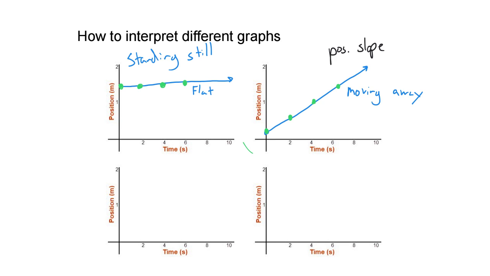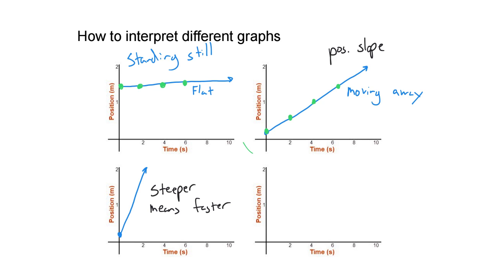All right. Now we could have another positive slope, but much steeper. So how is this different from this example? So let's just say steeper means faster.